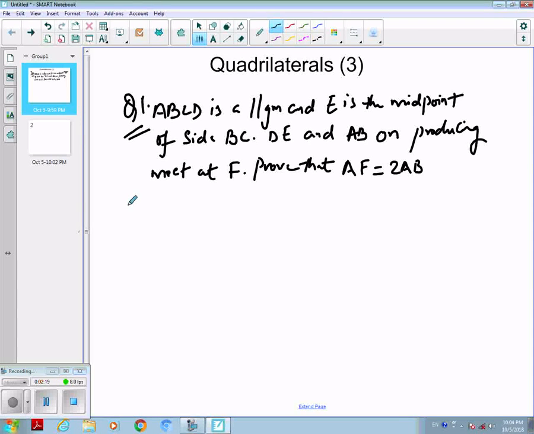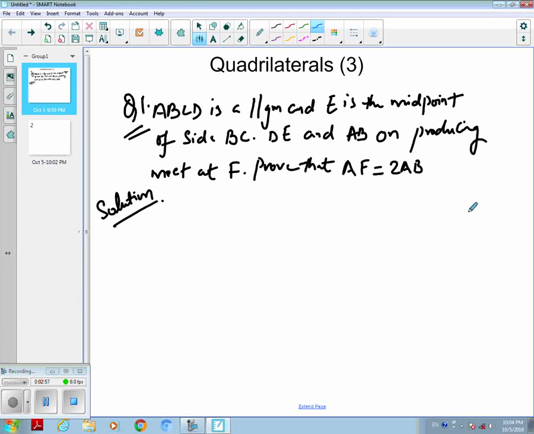What you can do is that you can try it yourself, and after that you can look at this solution. Now, first of all, whenever you are solving the problem of quadrilateral, just remember that you should first draw the figure.